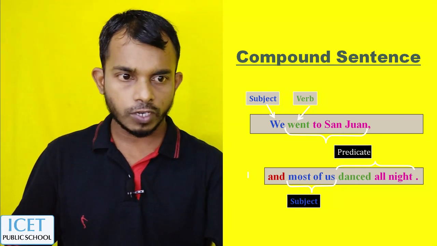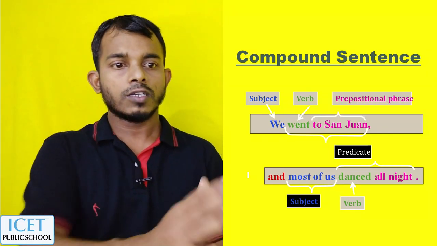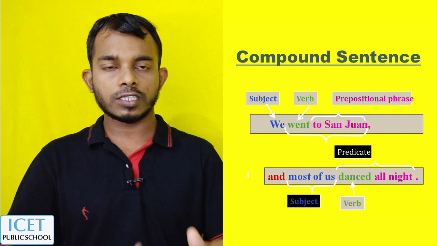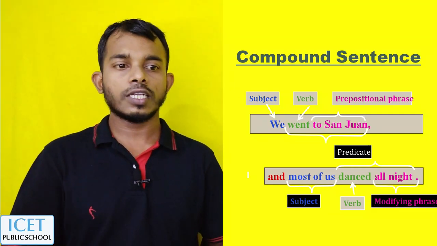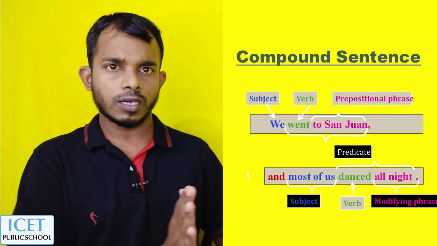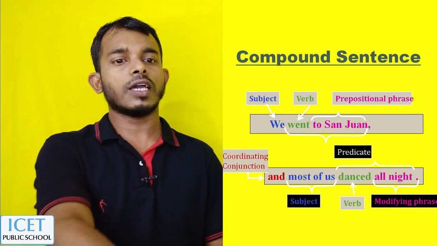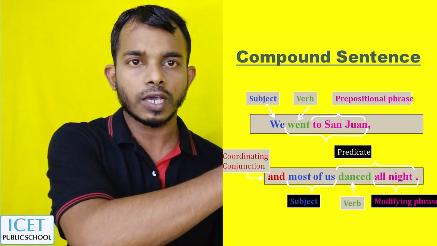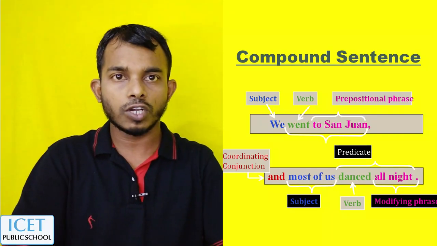Went is the verb, we know. Here danced is also a verb. Then to St. John, we know that it is a prepositional phrase. Then all night is a modifying phrase. So no need to learn more. And we have a coordinating conjunction, and. You got it.